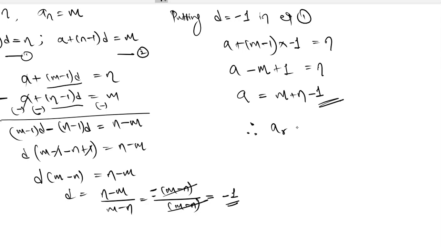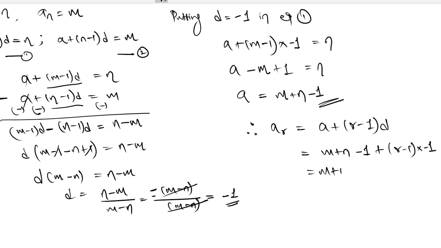Therefore, a_r is equal to A plus (r minus 1) into D. You will say that's it? No, that is not it. We have to put the values of A and D. What is the value of A? m plus n minus 1, plus, what is the value of D? Minus 1. Right?